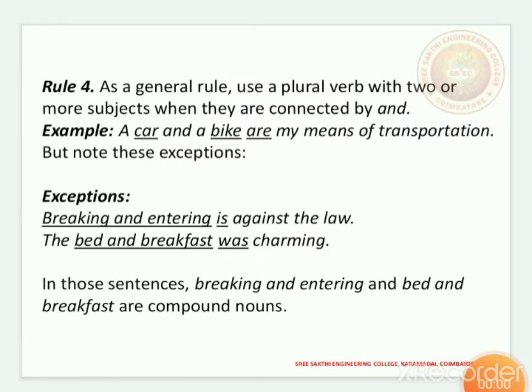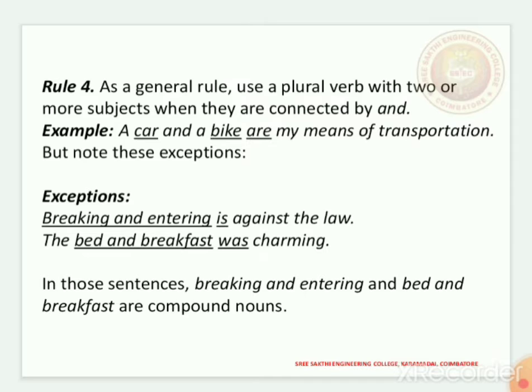Okay. Rule number 4: as a general rule, use a plural verb with two or more subjects when they are connected by and. Example: a car and a bike are my means of transportation.